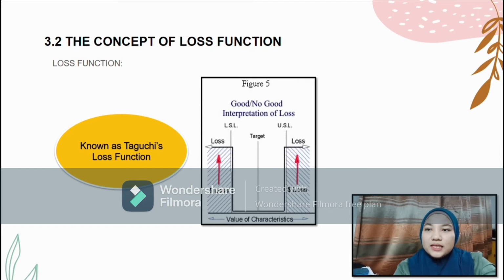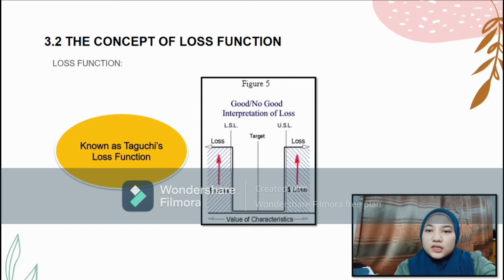The common thinking around specification limits is that the customer is satisfied as long as the variation stays within the specification limit. Look at figure 5. If the variation exceeds the limit, then the customer immediately feels dissatisfied.